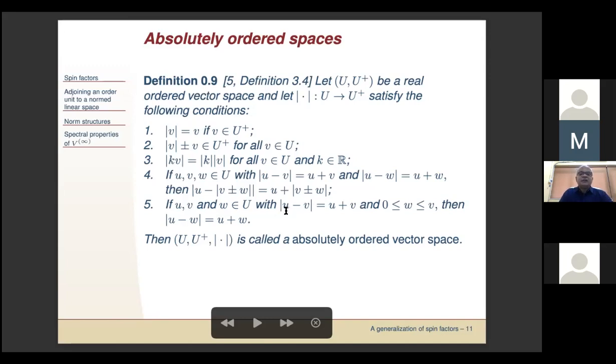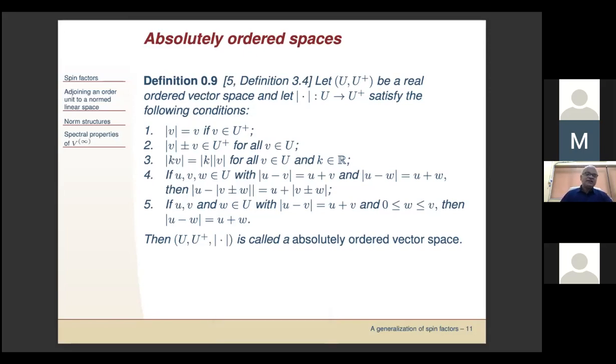That is, if U is orthogonal to V and W is less than or equal to V and positive, then U is also orthogonal to W. Then we call U plus with this modulus an absolute ordered vector space.